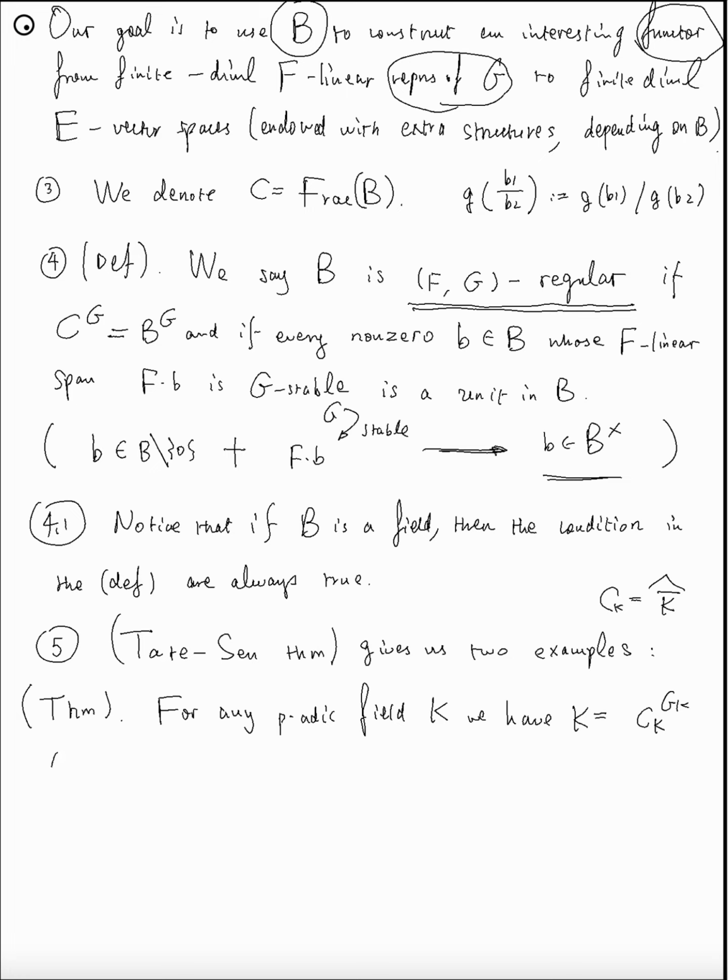Which means that, because C_K is a transcendental extension of K, being the p-adic completion of the algebraic closure. But when you take the G_K invariants, it comes back to K, which is the same as K-bar to the G_K. This is just telling you that there are no transcendental elements that are fixed by G. There are no transcendental invariants.